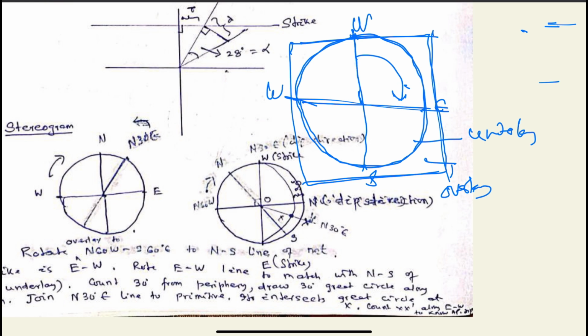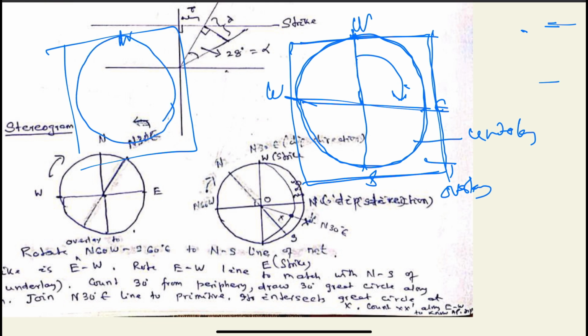The dip direction is along north at an angle of 30 degrees, so we rotate this overlay so that the north point is brought to the east-west position of the net. North marked point of the overlay is now at the point E.